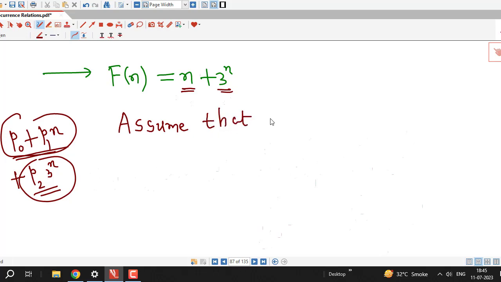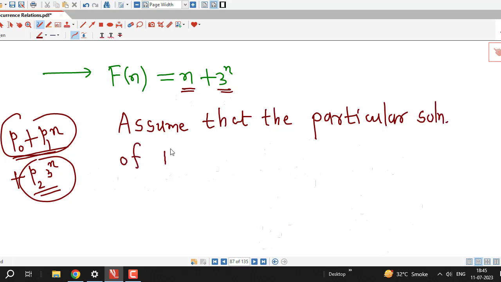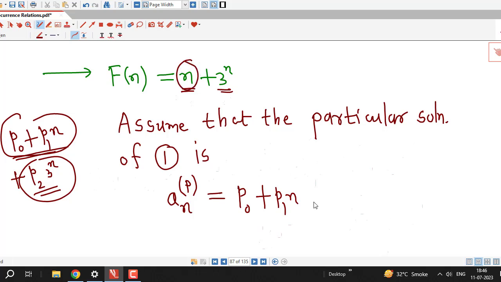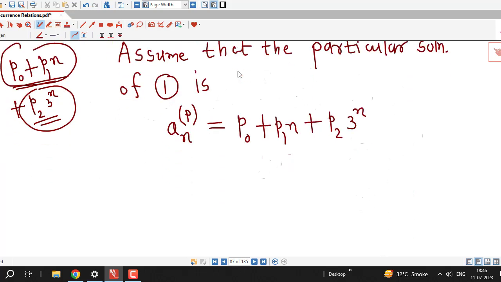Assume that the particular solution of the given non-homogeneous recurrence relation, which we have given number 1, is a_n^p equal to p0 plus p1n, that corresponds to this function n, plus p2 times 3 raised to n, that corresponds to 3 raised to n.